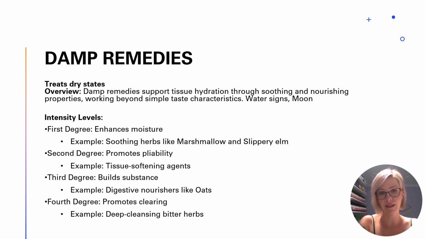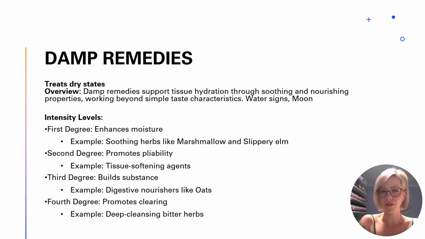First degree, things that enhance moisture like marshmallow and slippery elm. Second degree promotes pliability, so tissue softening agents. Third degree builds substance, so digestive nourishers like oats. And fourth degree, actually more like purgative, so deep cleansing bitter herbs. When there's damp, there can be a sluggishness and a toxic buildup.